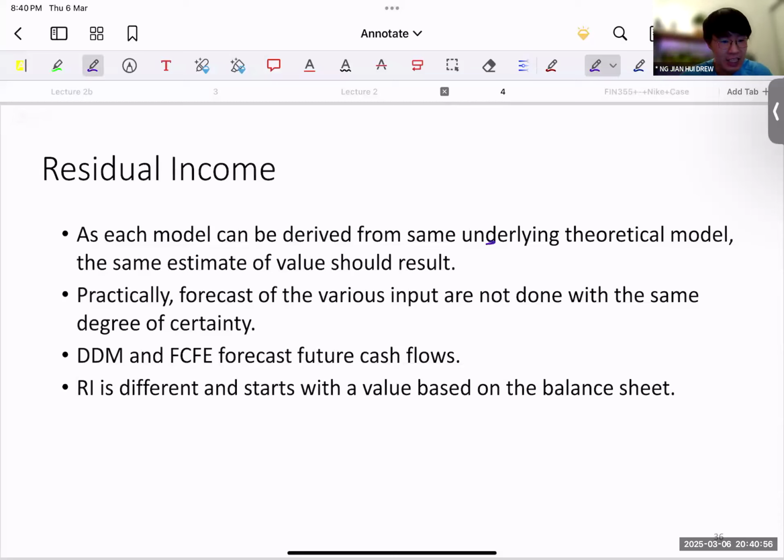The point here is they are actually derived from the same underlying theoretical model, and we have shown this in our lecture 2, where we compared it with our DDM, if I'm not wrong. So theoretically, they should be similar in terms of the estimated value.